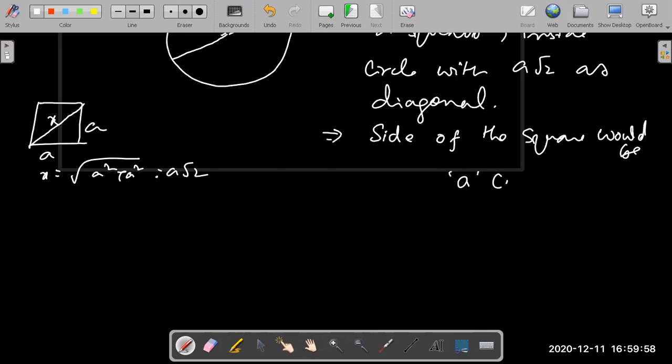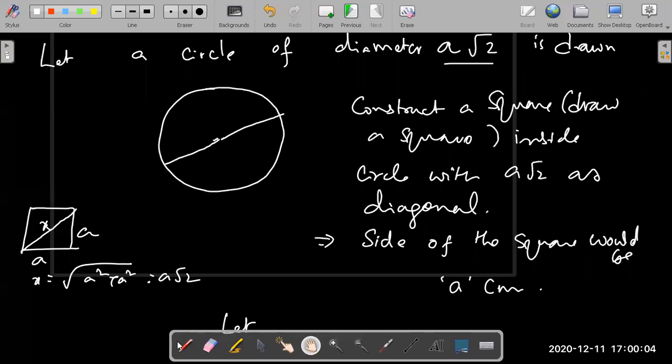So now I can draw that. With the diagonal, you will have one side like that, and then the other sides, this is another side, and this is another side. So this will be a, this will be a, this will be a, this will be a.